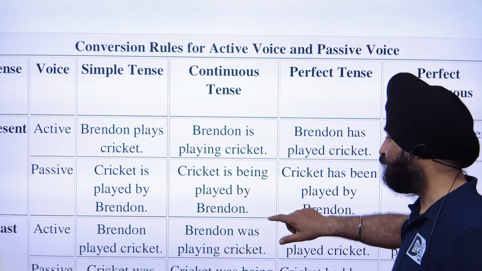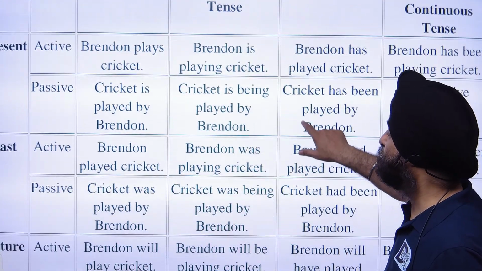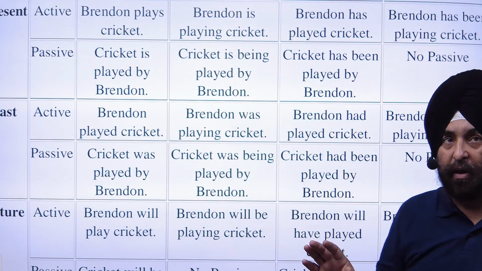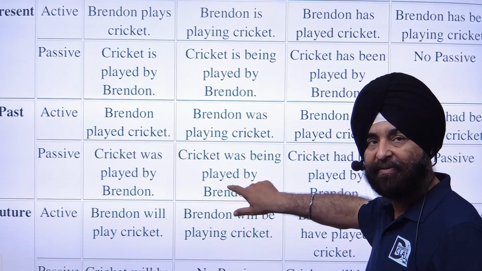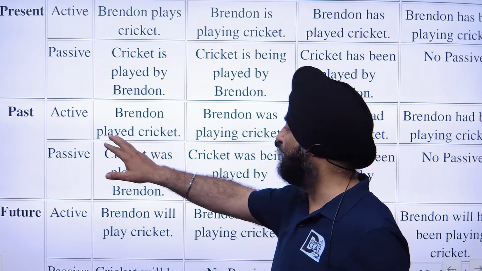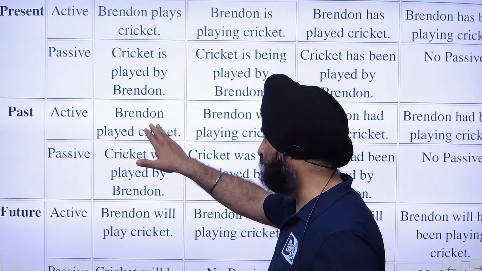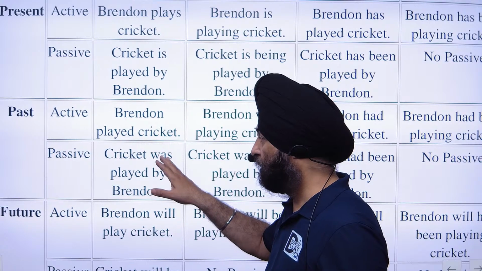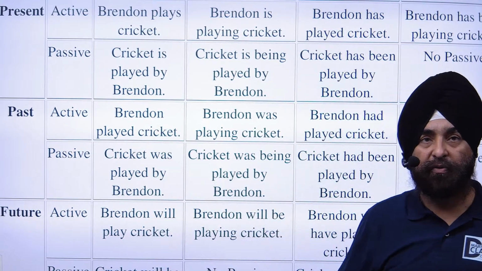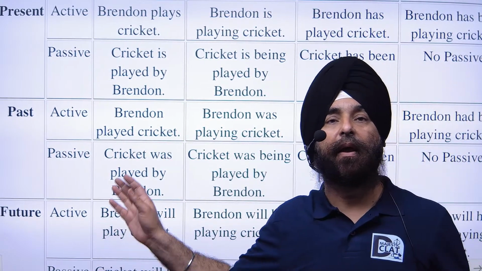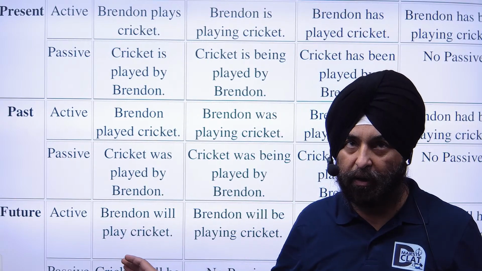Then let's move to the past tense. Again, the simple past tense, look at the active part. Brendan played cricket, and the passive was cricket was played by Brendan.